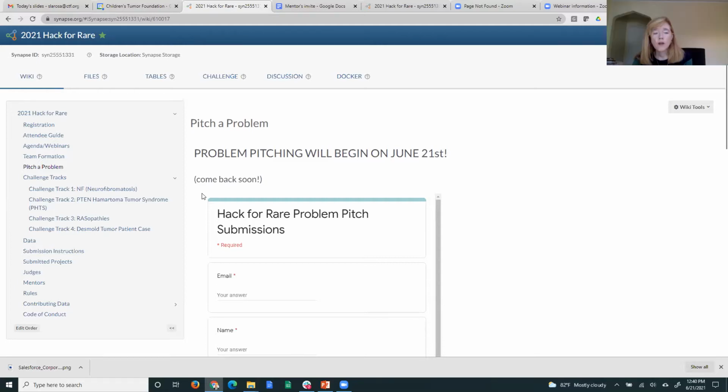Yep, that's correct. There is a question: can one person participate in more than one track? Yes, you can participate in as many tracks as you want, but we really support the idea of being part of just one team, not multiple teams, even though nothing stops you from being part of many different teams. Make sure that you only submit on one track and not all of the tracks.